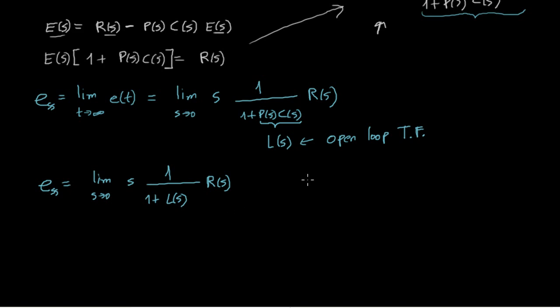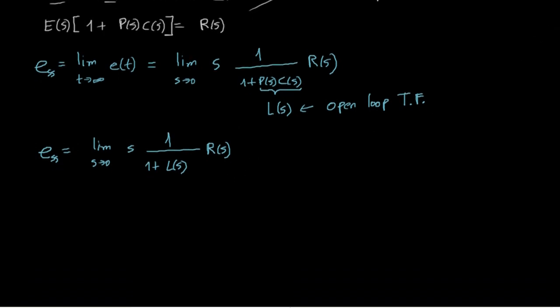Now let's suppose that L(s) has no integrators. That is, neither the plant nor the controller have any poles in the origin. So L(s) is equal to some K times the terms with all the zeros, s over z2 plus 1 times all the rest of zeros, and here all the poles.